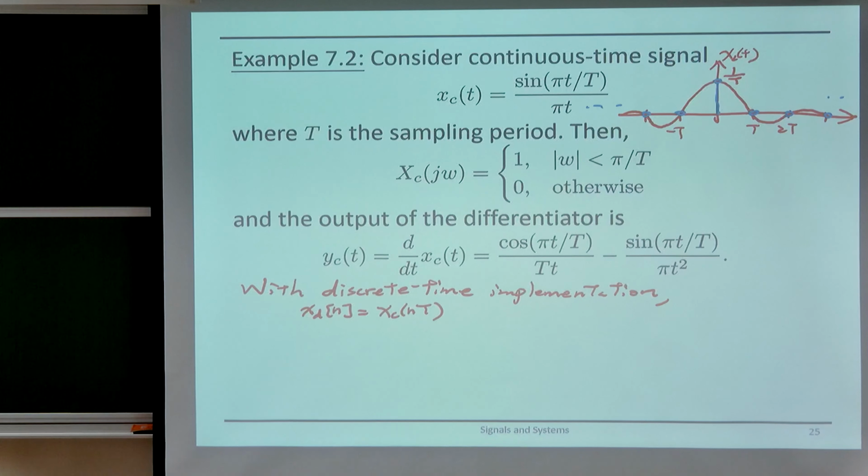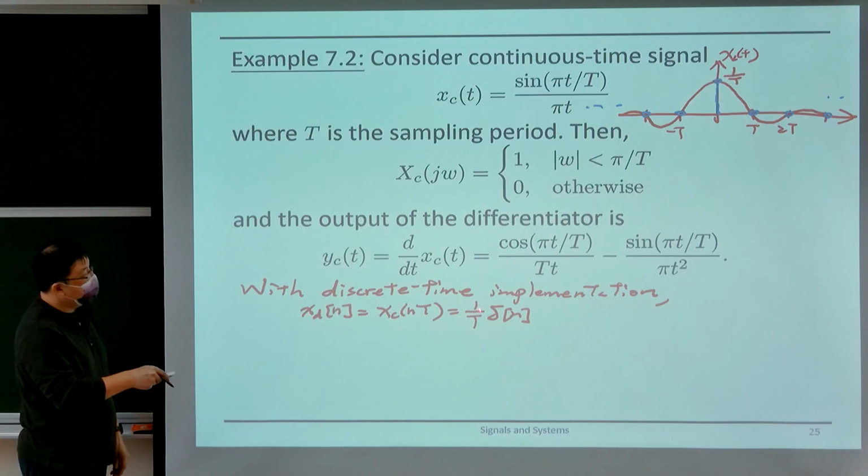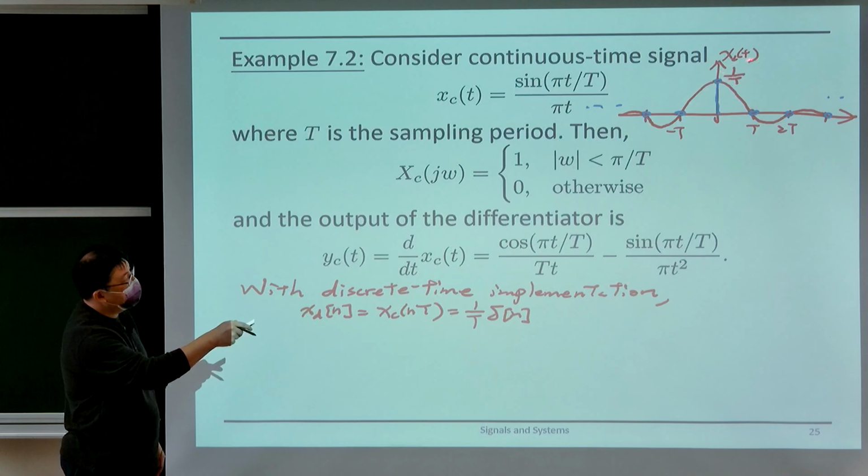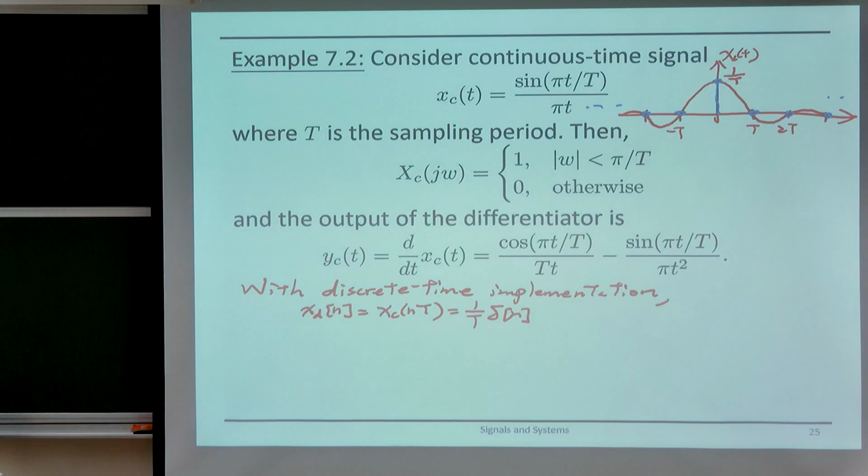So that's basically a discrete time impulse function. So this is 1 over T times a discrete time impulse function. The 1 over T is because of this value 1 over T on top.